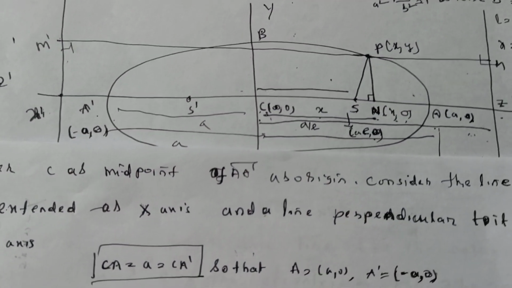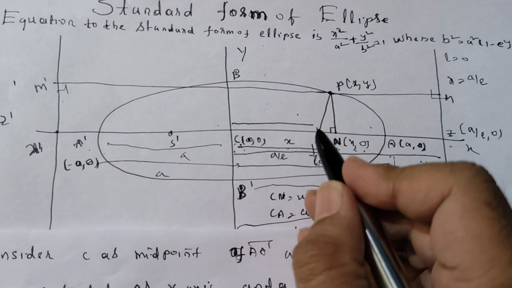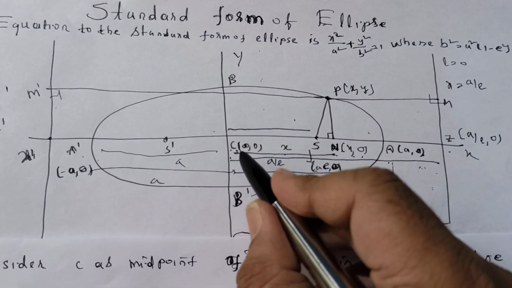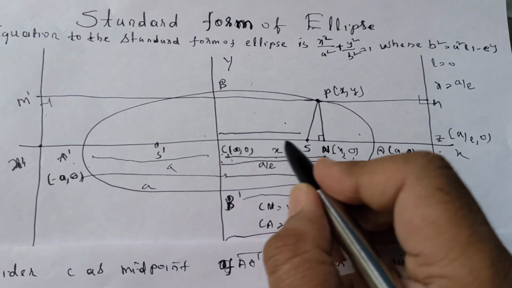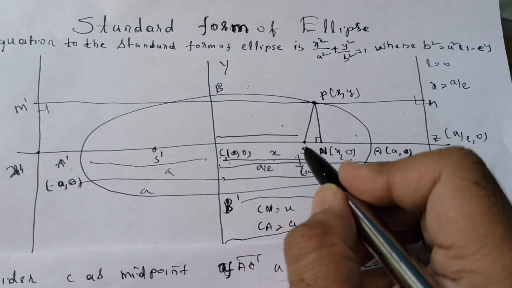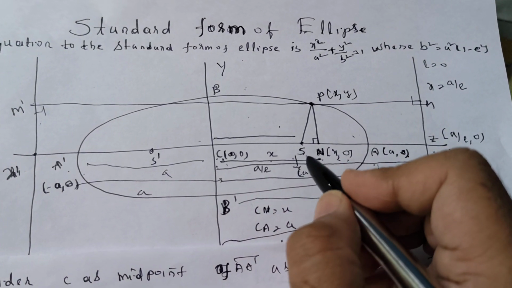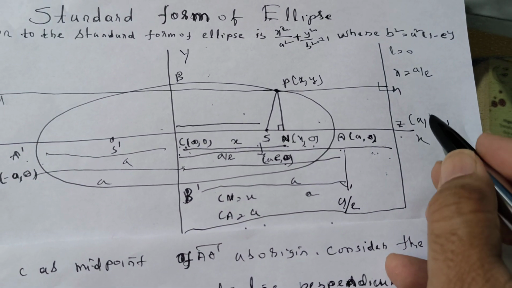Our task is to find, remember that when you are trying to find the ellipse equation, the first question is CS. Because if you know CS length, I can assume the point on the x-axis, that means S. If I know CZ length, I can assume this point.